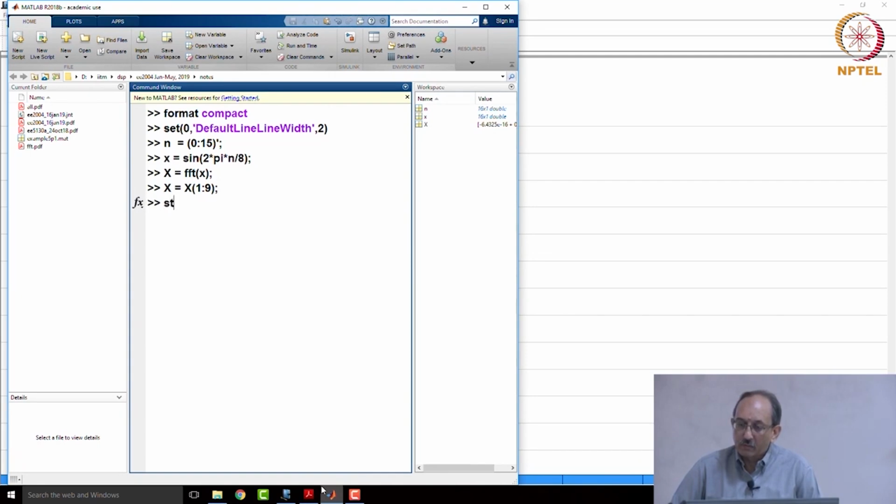And now I need to plot this. So, I will use the stem command. Now, I am going from 0 to N by 2.